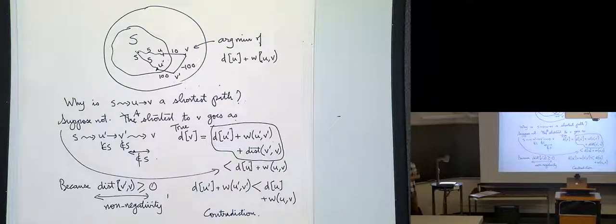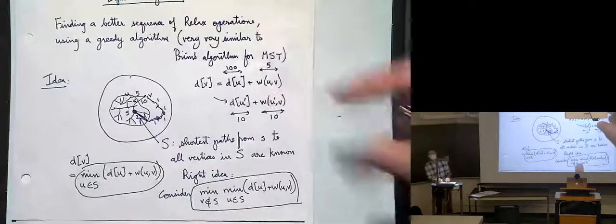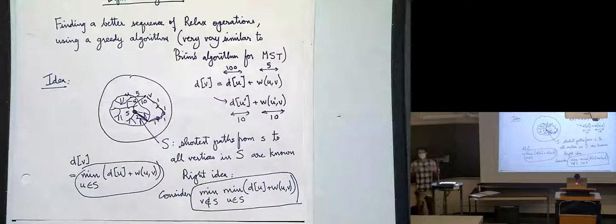To finish finding all the shortest paths, do you just keep doing this for all V not in S? I haven't described the algorithm yet. But yeah, essentially, you could imagine if you repeatedly computed this argmin, every time S is constructed, you could do the argmin. Then that would give you the algorithm.